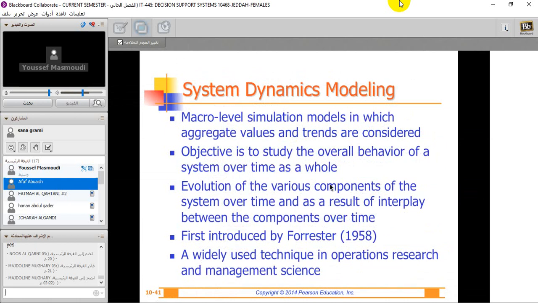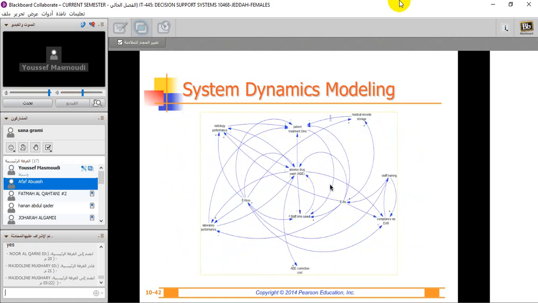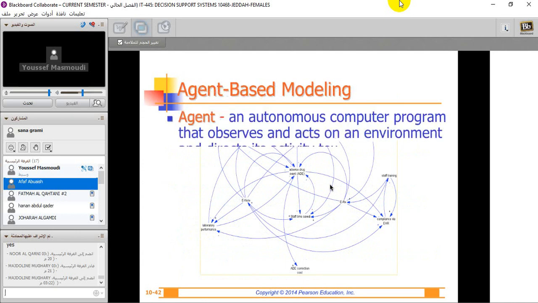The objective is to study the overall behavior of a system over time as a whole, the evolution of the various components of the system over time, and, as a result, the interplay between the components over time. First introduced by Forrester, it is a widely used technique in operations research and management science. Okay, this is an example of system dynamics modeling.